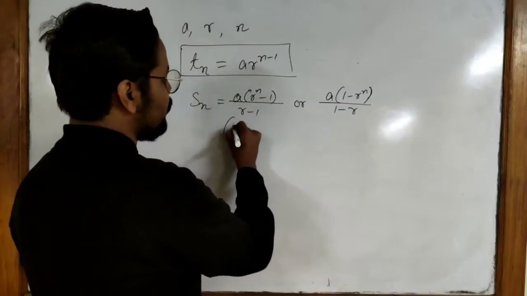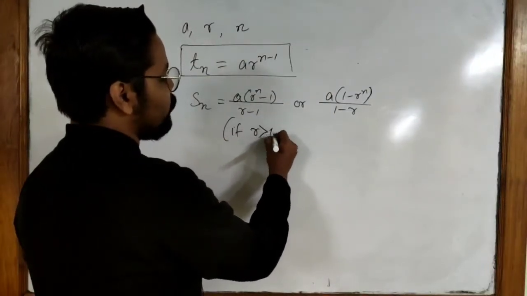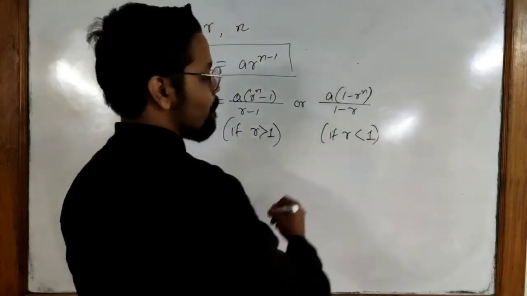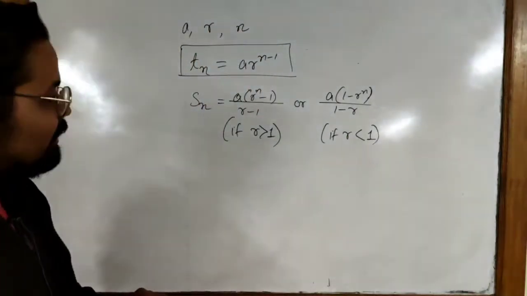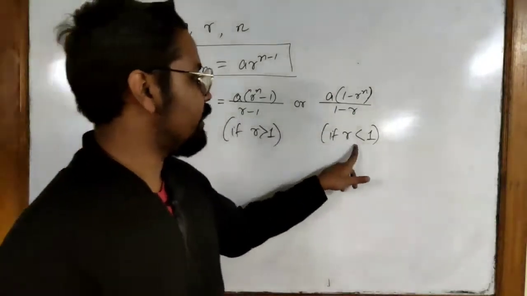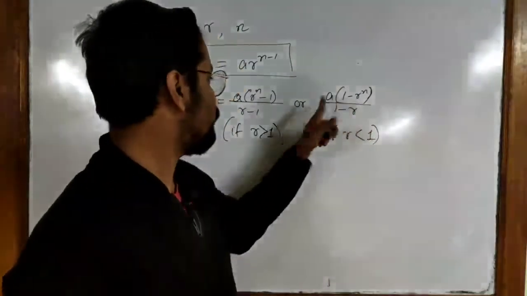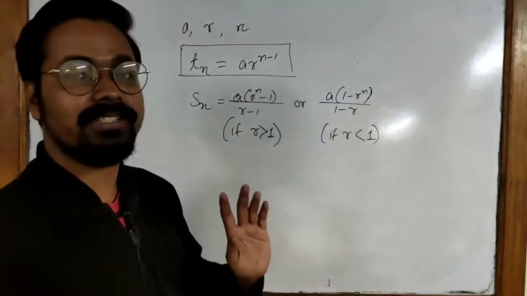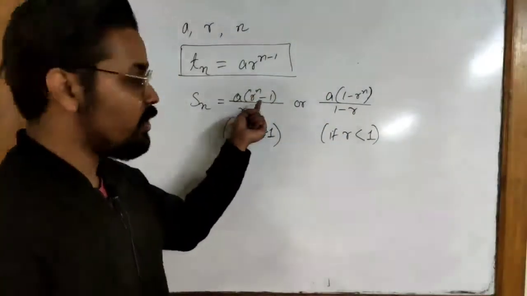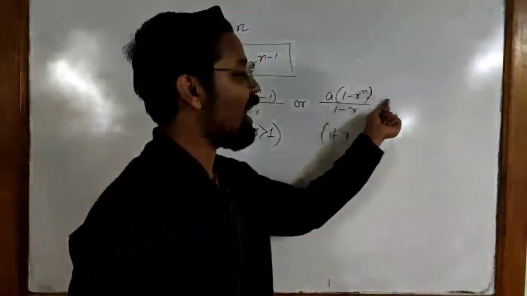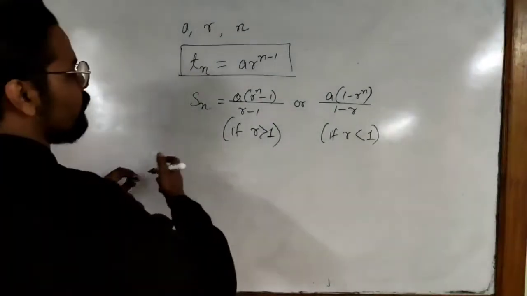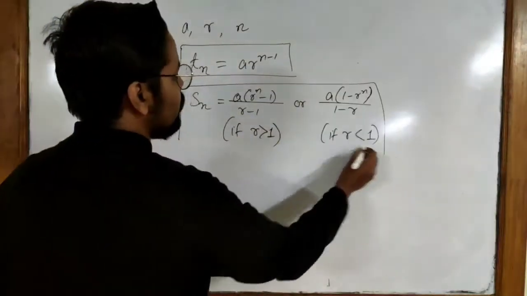The first will be used if r is greater than 1, and the second will be used if r is less than 1. If r is greater than 1, we use the first so that the value comes out to be positive, and here also we use the second so that both these values come out as positive. That is the intention. That's why whenever r is greater than 1, you use r first. Whenever r is less than 1, you use r as the second value. Okay. So that is how we find the sum up to n terms.